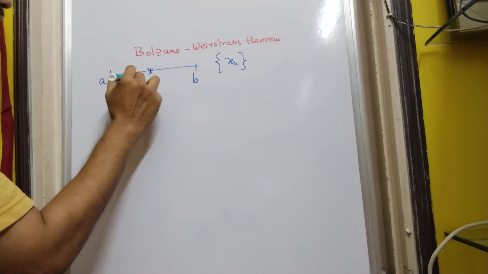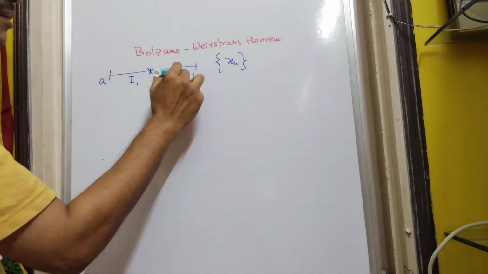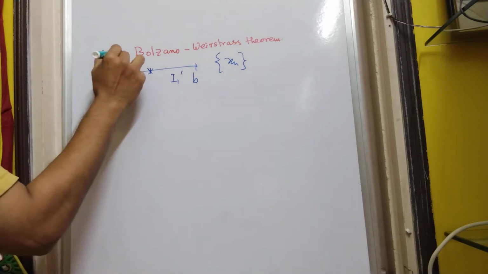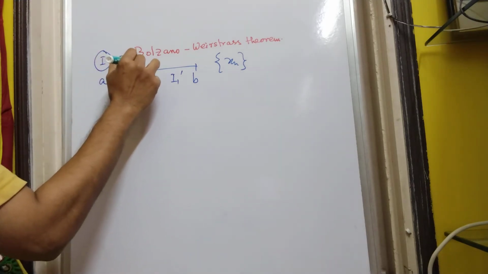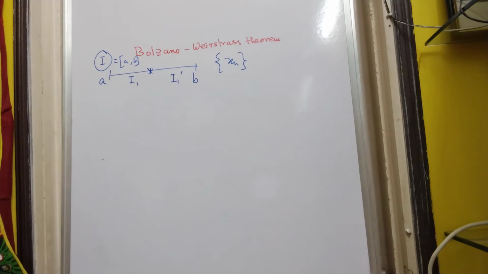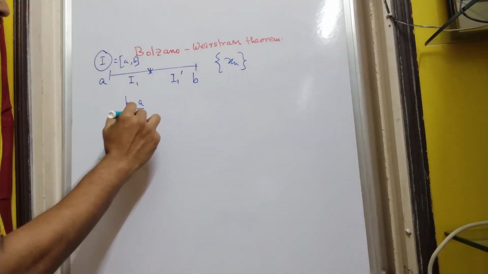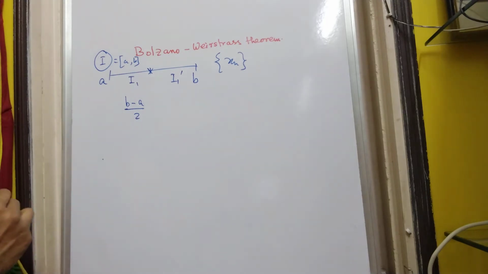One is I1 and another is I1 prime. The mother interval I, which is closed and bounded, is divided into two equal parts. So the length of each of them is b minus a by 2.